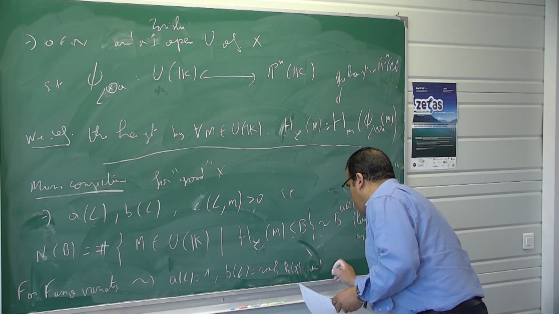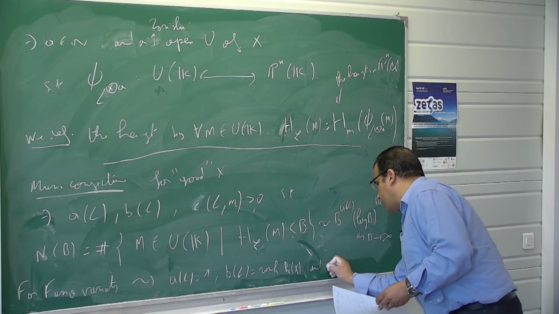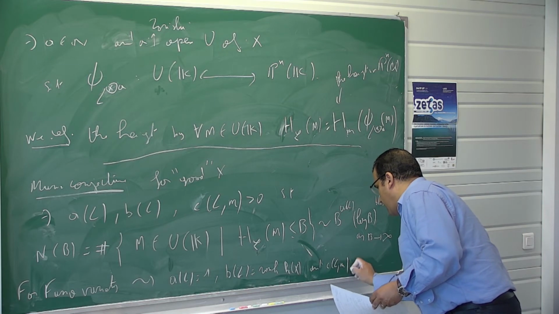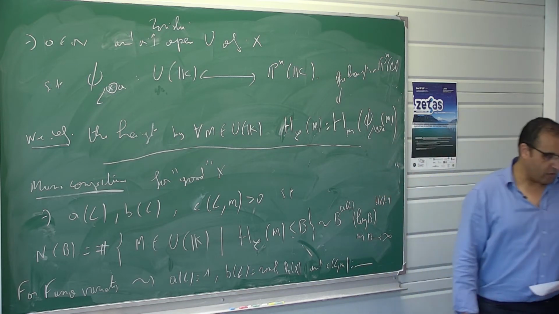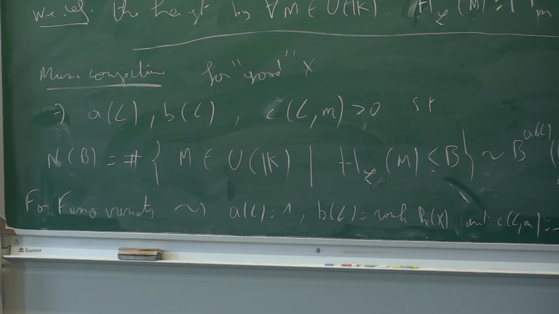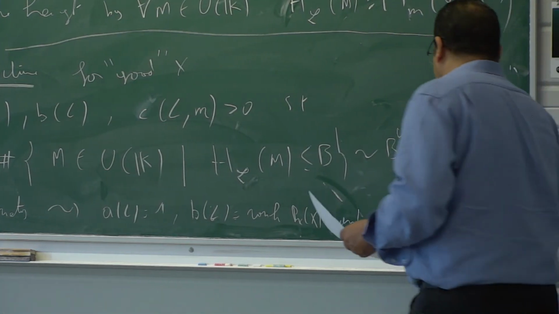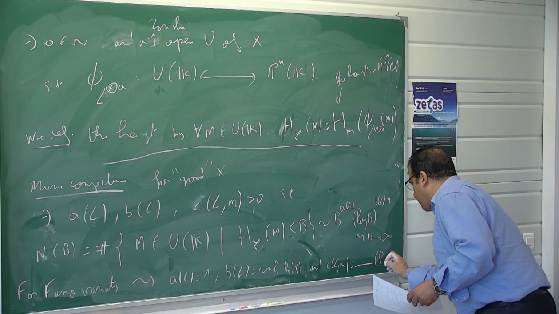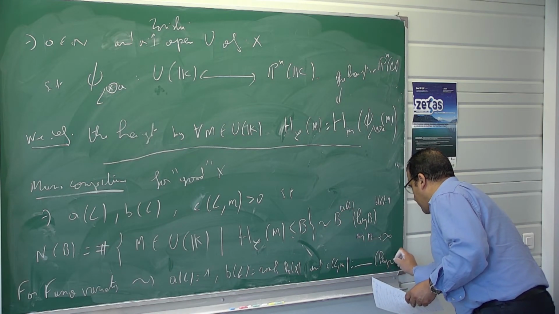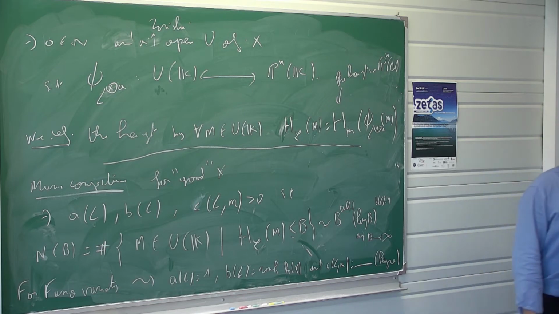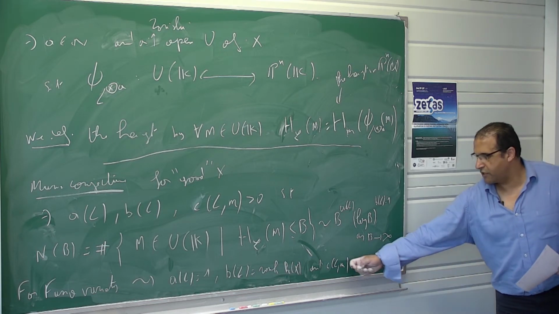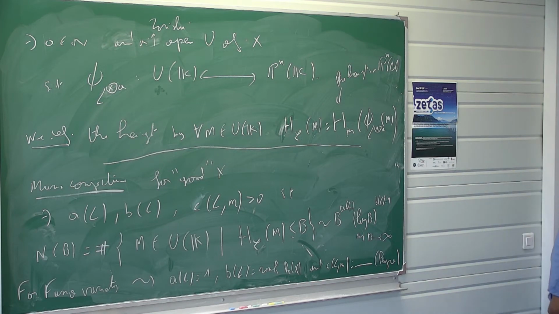And there is also a prediction of the constant C_{L,M}, but you need more time to explain this construction. If you are interested, please look at the paper of Emmanuel Peyre in Duke Journal, and he gives the description of these constants.